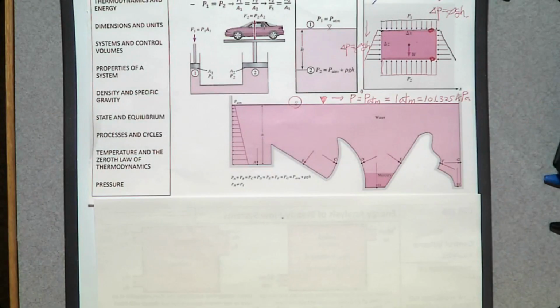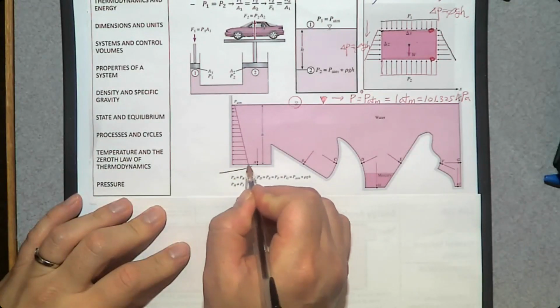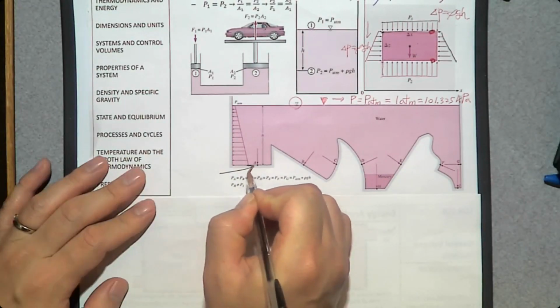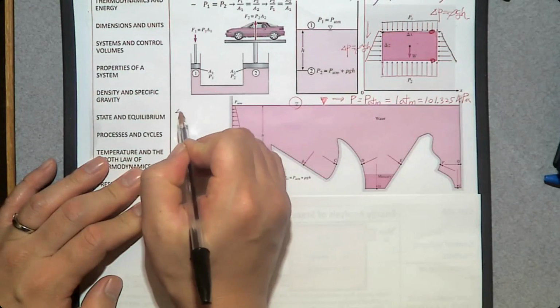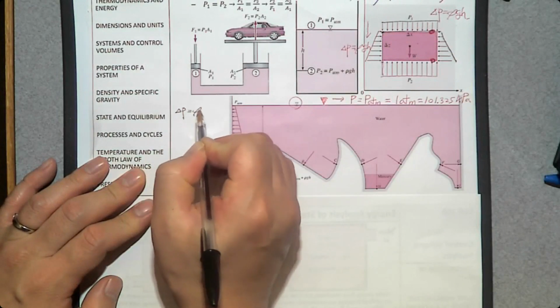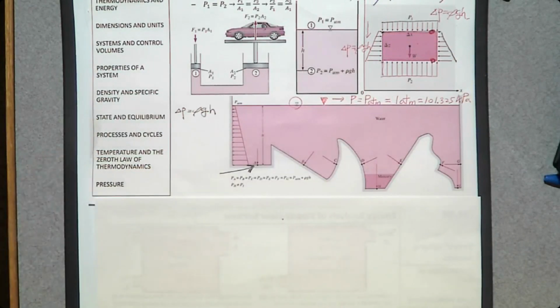Then, can you determine the pressure value at point A if you know height h? Yes, you can. Then what is the pressure at this location? We can use the same equation, delta P is rho gh.